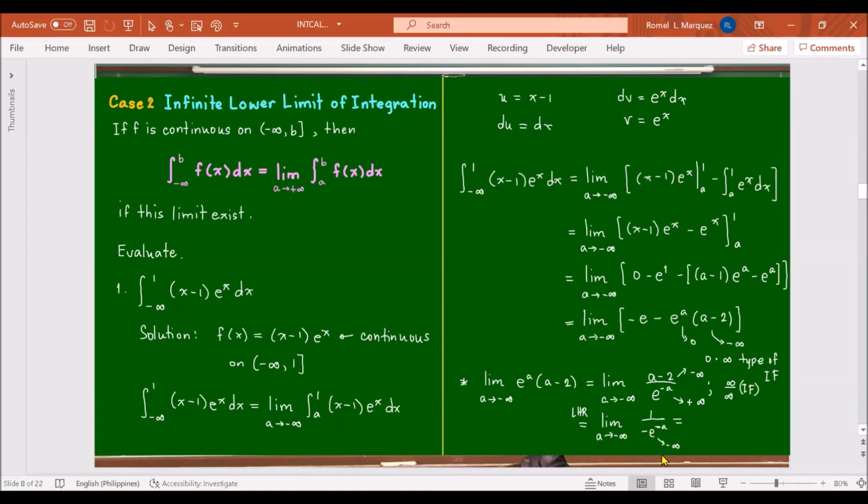So 1 over a very big number is going to be 0. So this is simply 0. Hence, we have the limit simply negative e.